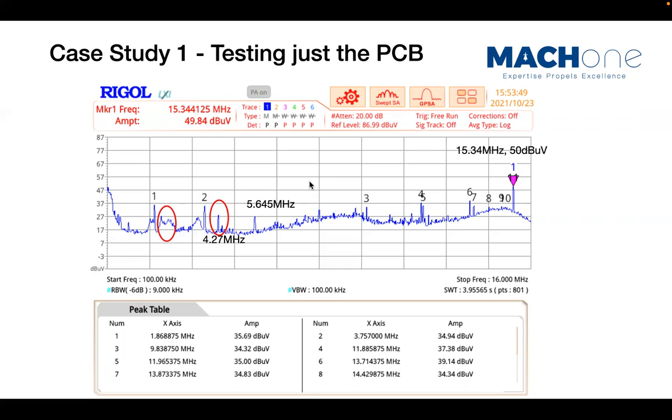By testing the PCB, and also narrowing the frequency range to 16 megahertz, what I noticed is that there are some dominating frequency spectra here, but there is also neighboring frequency noise, which sits quite close, right? Here you can see these two are close, but what is close is 4 and 5. You can see 4 and 5, they're quite close, considering the resolution bandwidth is 9 kilohertz, so these two are fairly close.